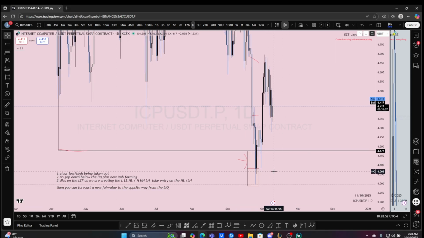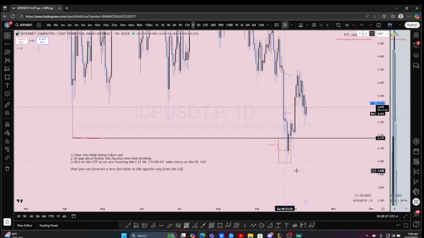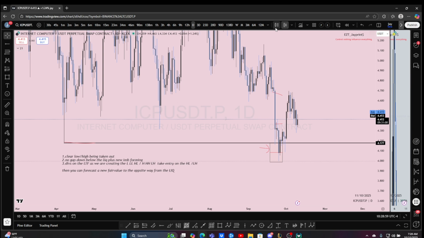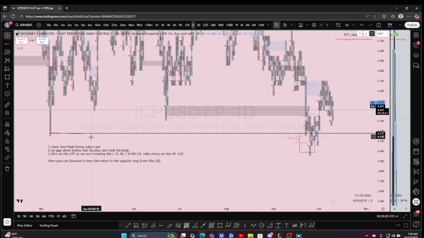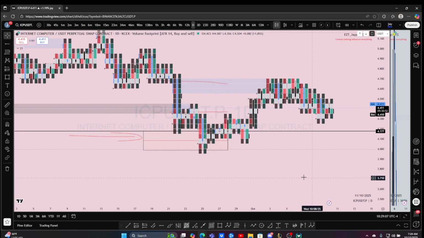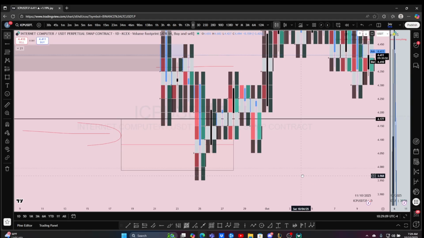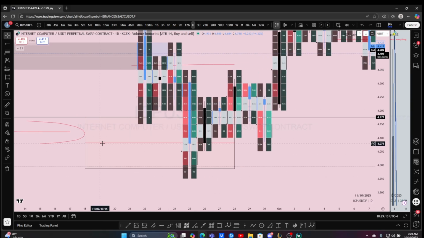So then the second step that I look for, after I spot there's no fair value going lower, is that I want to confirm this. But how? I'll confirm this using the order flow chart. Within the order flow chart, what are we seeing as we're taking out this low?